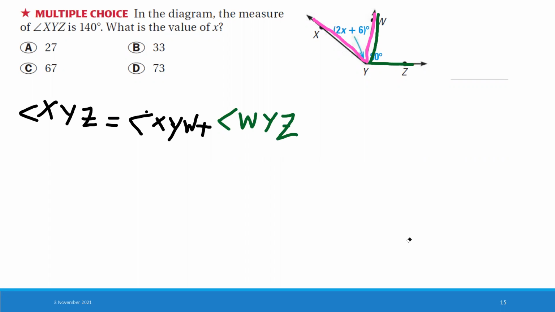Now, XYZ. What is the measure of the angle XYZ? From the question, 140 equals. What is the measure of WYZ?